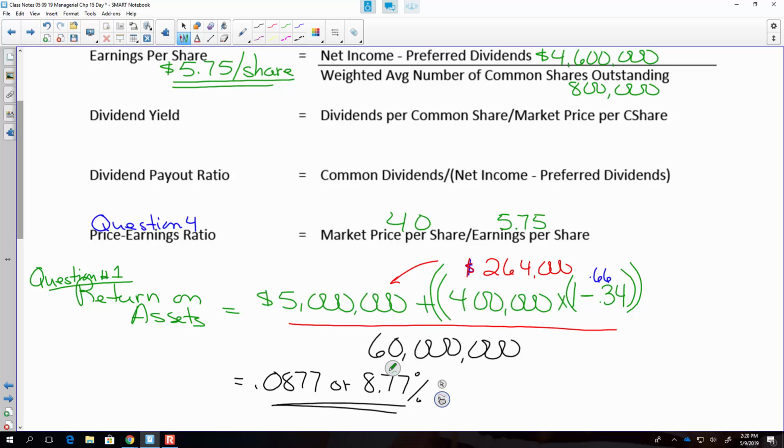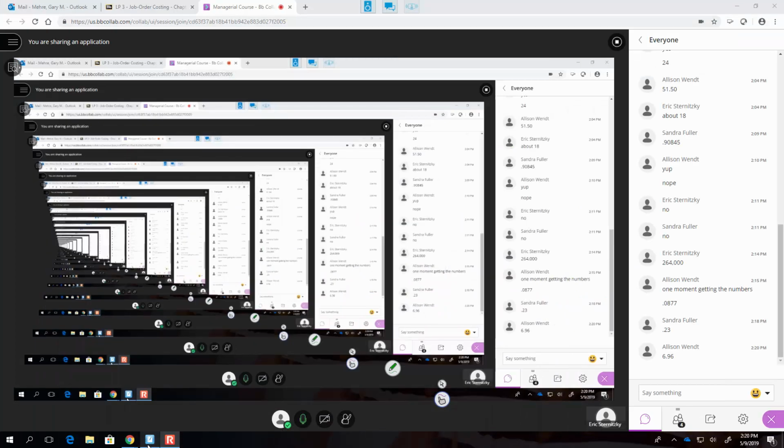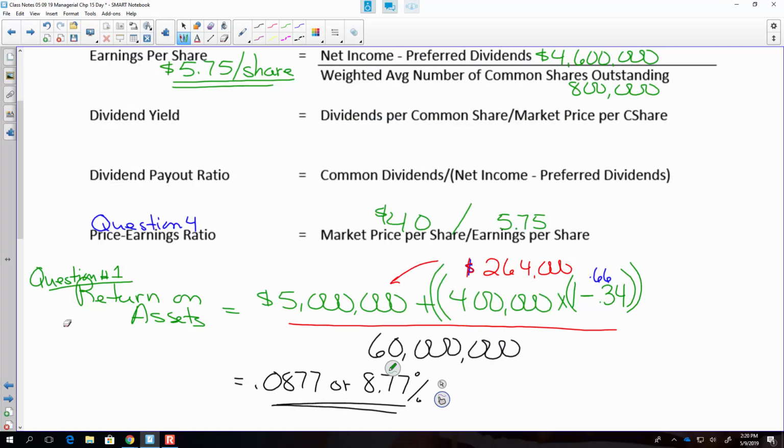So $40 per share divided by $5.75 per share is 7 something. Allison? 6.96, thank you. So question 4 is 6.96. Now this is just a number, right? It's not a percent.